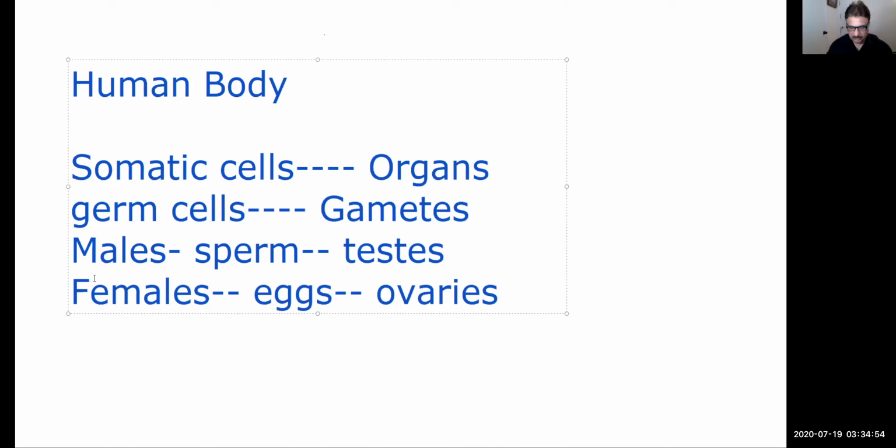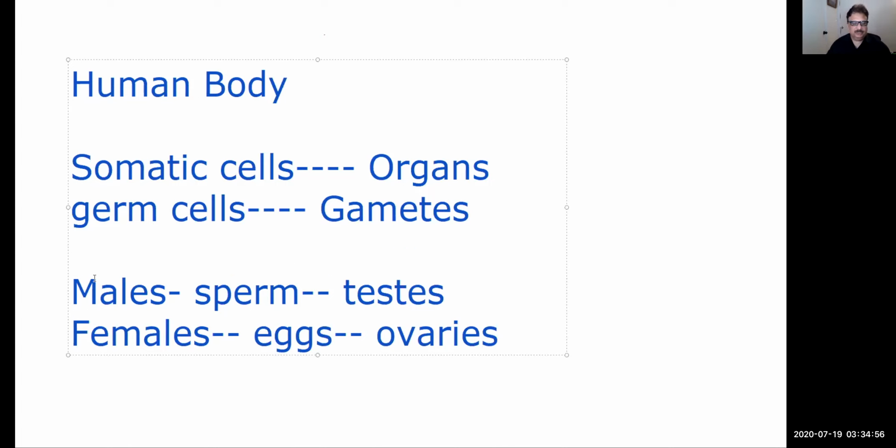What I was trying to say is that there are two kinds of cells: somatic cells, which are in the majority and form organs, but a minority of cells present in reproductive organs, testes in males and ovaries in females, can give rise to gametes, sperms and eggs, male and female.